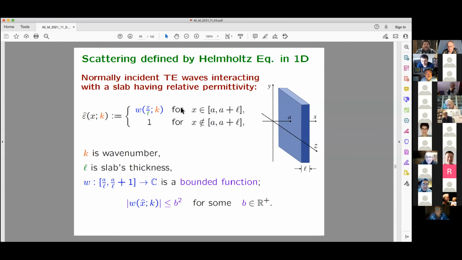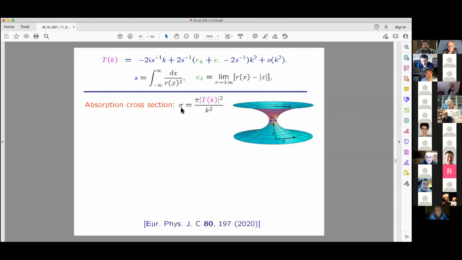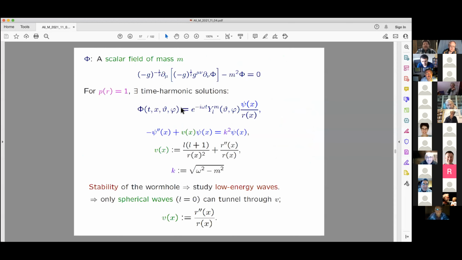Hi, a question about the wormhole. You have your solution in terms of those A of k. Can you actually calculate something which looks like quasi-normal modes of the wormhole? That should be singularities in the third quadrant in k, I suppose.